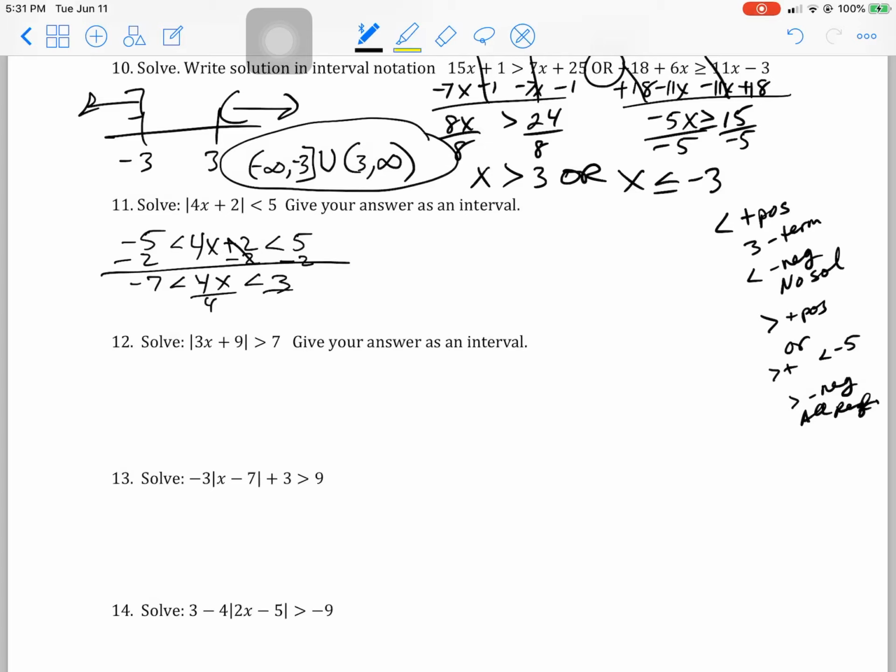And divide by 4. So you're going to get negative 7 over 4 is less than x is less than 3/4.